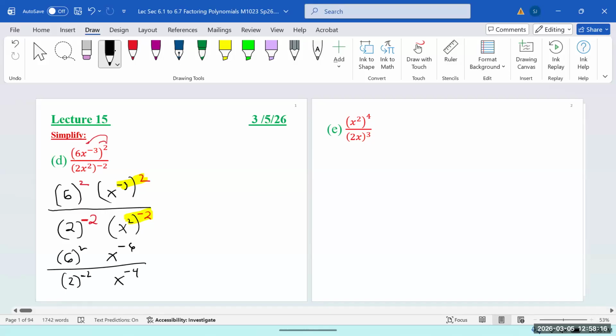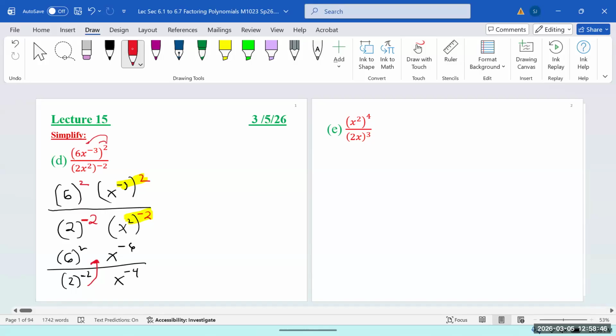So step 1, distribute. Step 2, multiply the powers if you have multiple powers. And now what is our step 3? They have the same base, so you have to switch to get rid of the negative. Anytime you see a negative power, switch the position so that the power becomes positive.